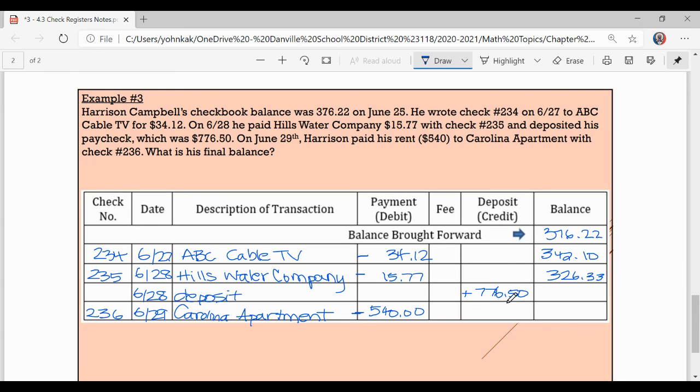Now if I add the $776.50, I get $1,102.83. And then if I pay my rent, $540, I get $562.83. So my final balance is $562.83.